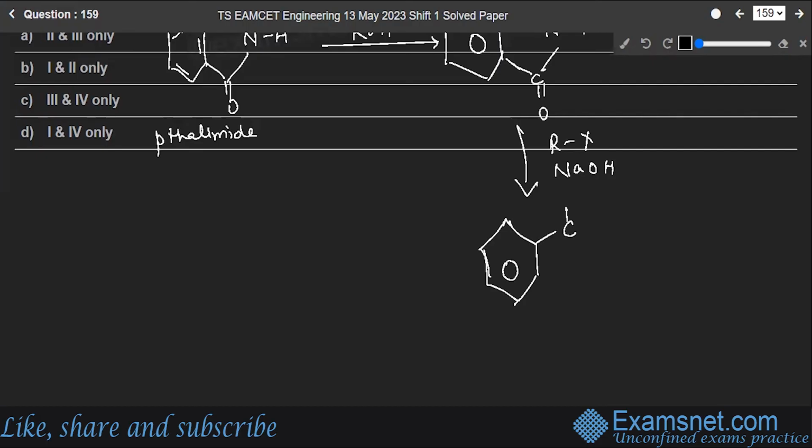Here will be C, O, ONa, and here will be C, O, ONa. This is positive, negative, negative, and positive. And plus here will be RNH2. This is your Gabriel phthalimide reaction.